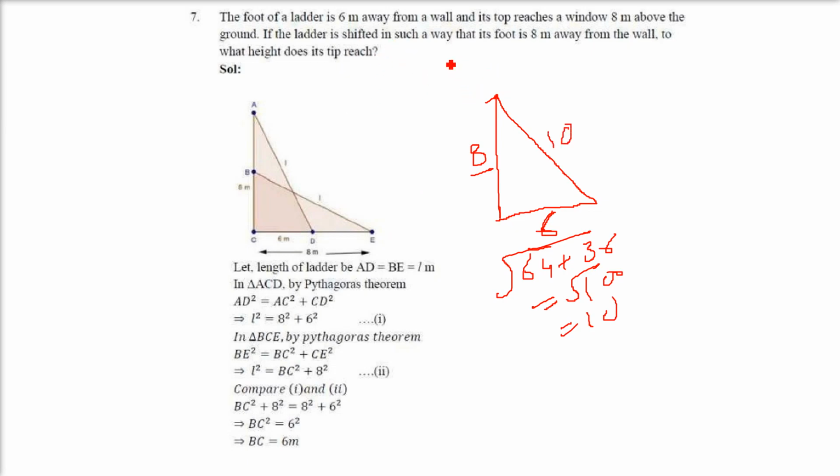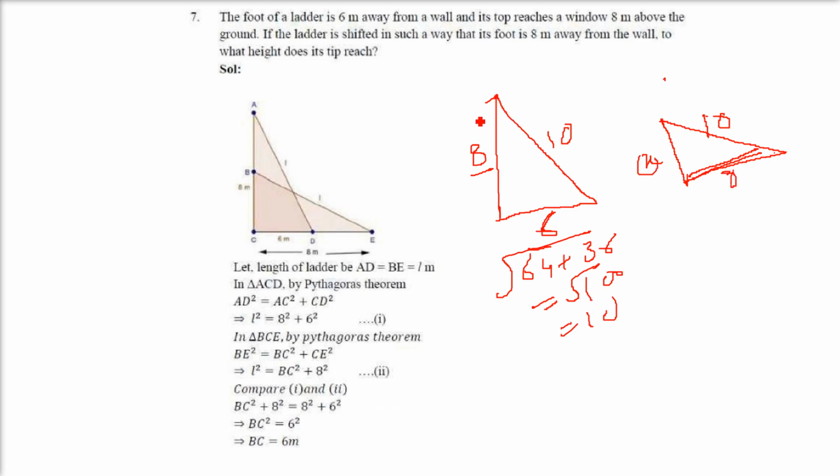Now in this second scenario, the ladder reaches up till here only. So let us say this height is x. The ladder is 10. And now the distance from the foot of the ladder to this wall is 8.